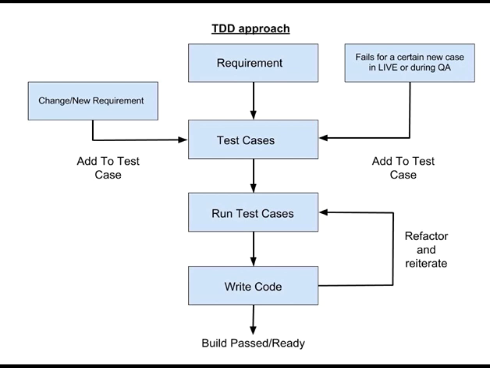Then what do I want to do? According to the requirement, it should do an addition. So I'll call calc.add, and I can pass some values like 7 and 5.